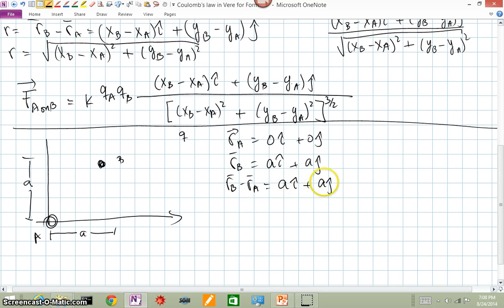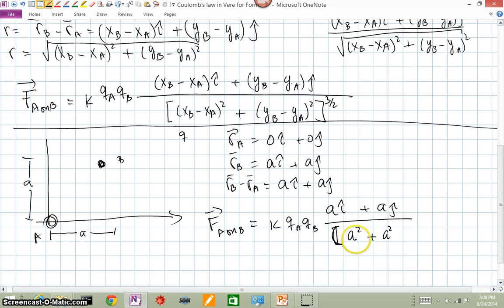And then I can write this F A on B vector that is equal to K QA QB. Okay, so then I get ai plus aj, putting these numbers here, and I get that this is a bracket of a squared plus a squared to the 3/2.